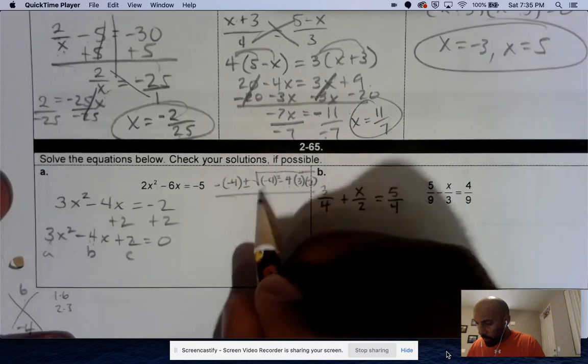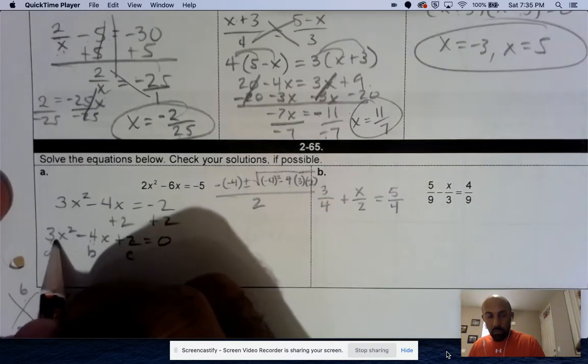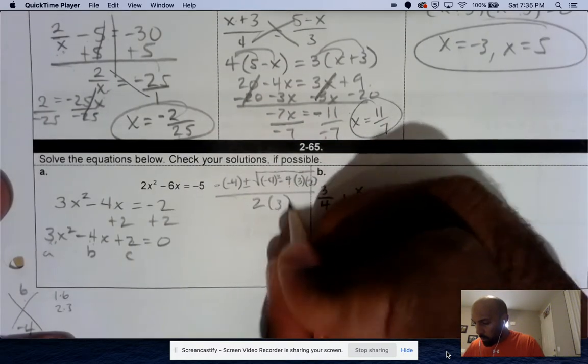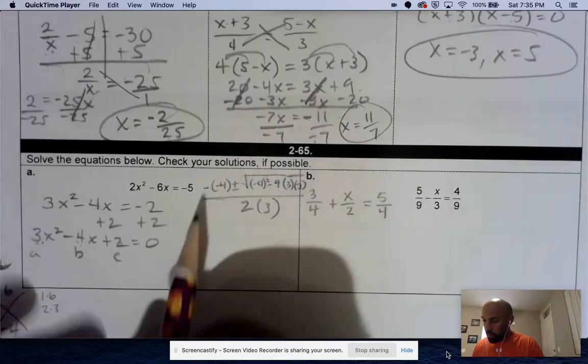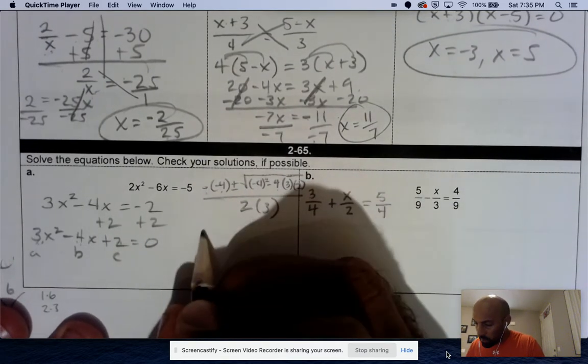And then all of that over 2 times a, so 2 times your 3. Now you can work this out step by step. So we have negative times negative there, so it's positive 4.